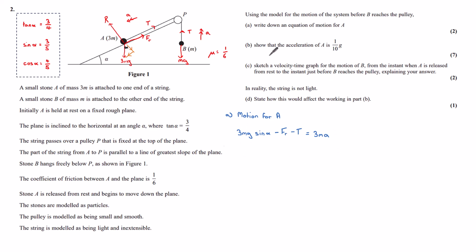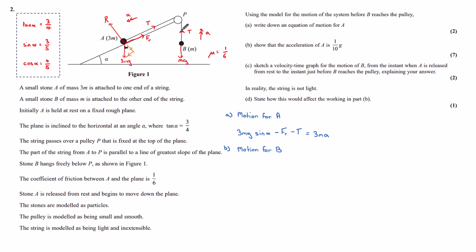Part B, show that the acceleration of A is 1/10 of g. Well, we've found an equation of motion for A, so let's find an equation of motion for B. Now, the equation of motion for B is its resultant force equal to mass times acceleration.